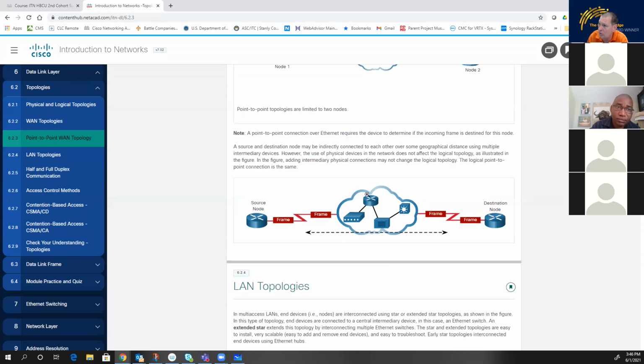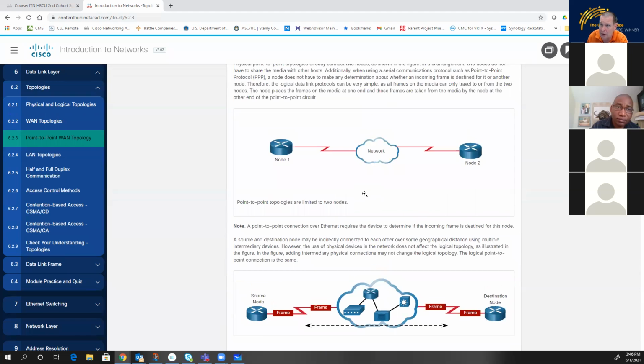There's GRE, generic routing encapsulation, and there are VPN protocols. Somebody help me out, I totally drew a blank on the most famous tunneling protocol. But either way, it is possible to go across the network with VPN tunnels and make it appear like you've got a point-to-point link when you really don't.